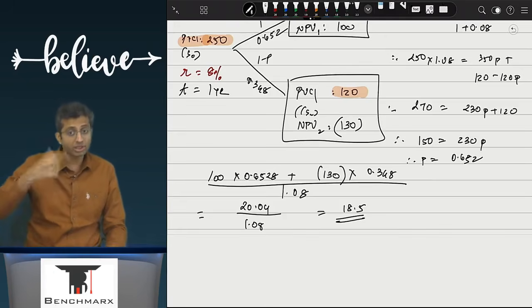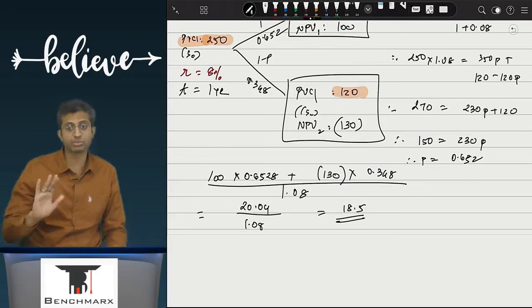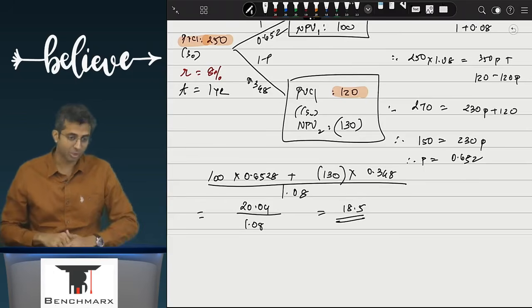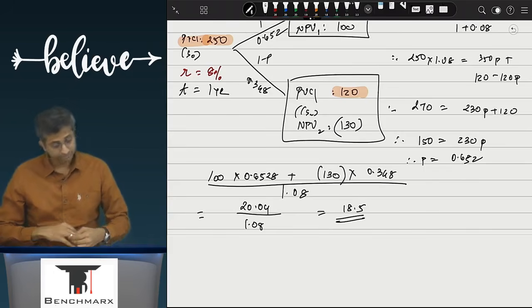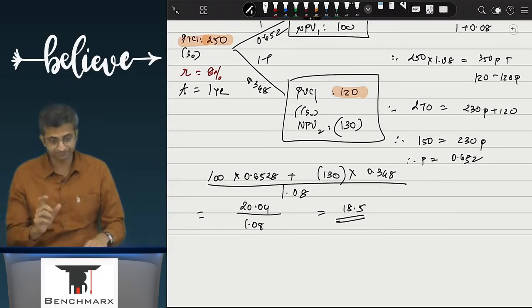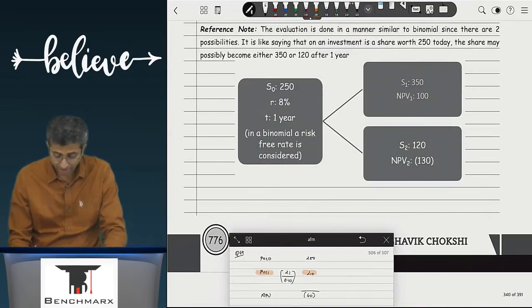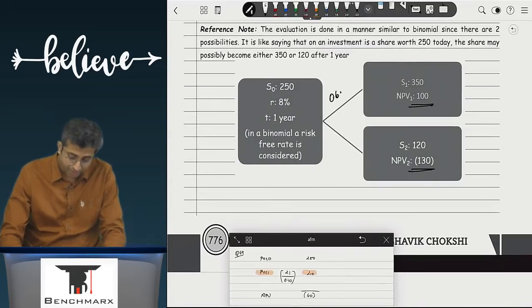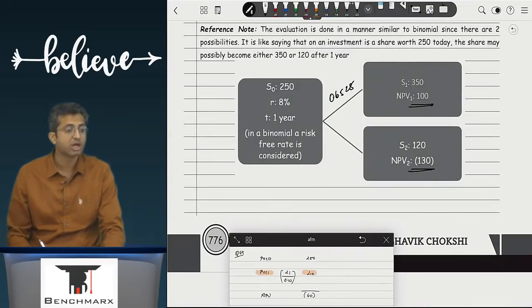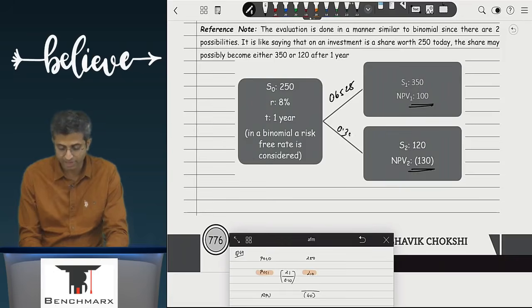However, 1 year later, the project has a possible upside or a possible downside. And as a result, considering that, your average NPV over here can come down. See, here you have taken 130 negative, you have taken 100 positive, but the possibility of this happening is significantly higher, 0.6528 as compared to this happening.